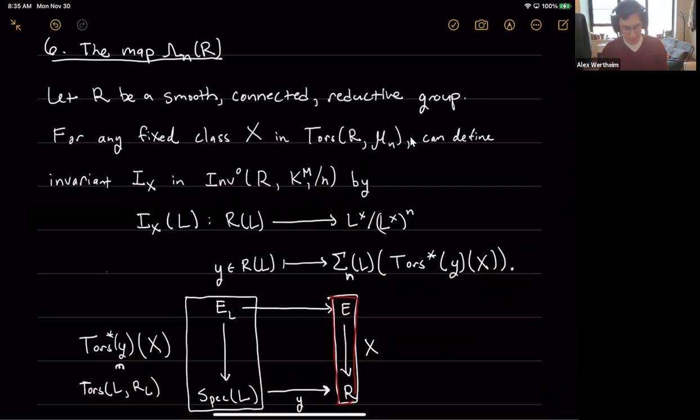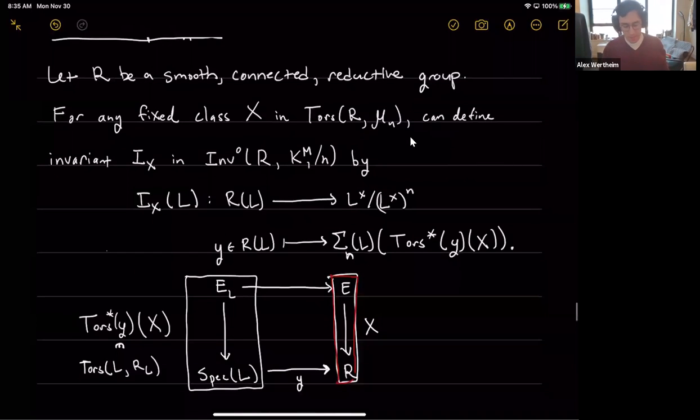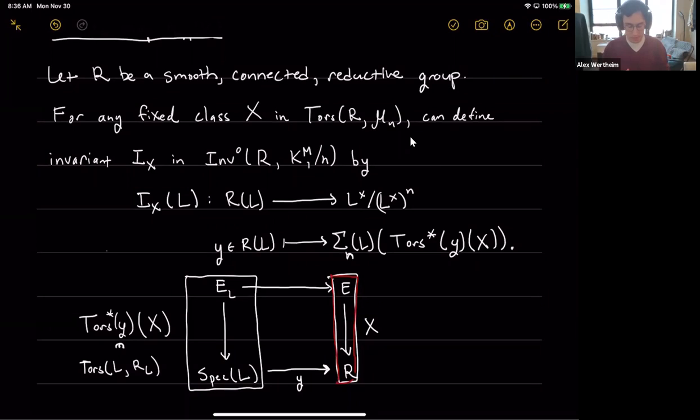Okay, so at last, this mysterious map lambda n of R will be defined. Let R be just a smooth connected reductive group throughout this section. And so now I'll explain the connection between normalized torsors and type 0 mod n invariants. For any torsor class X in tors R mu n, I have the following construction of an invariant Ix.